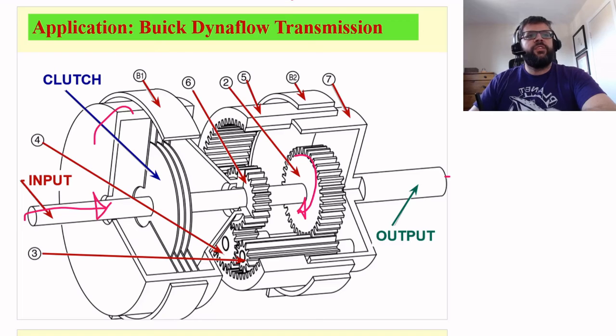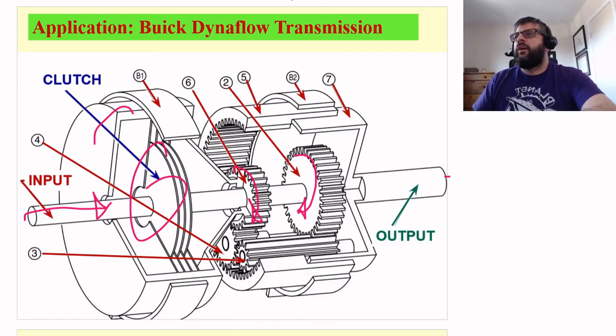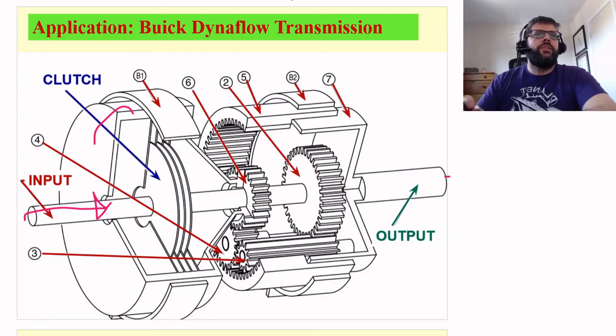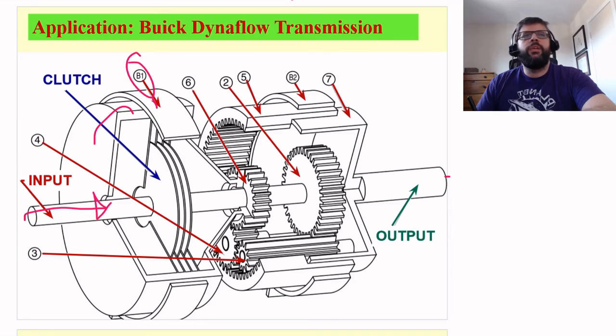The input shaft also has a clutch that can be engaged. If that clutch is engaged, then this Sun Gear 6 also rotates at the same rotational speed as 2. Sun Gear 6, however, can also be stopped from rotating instead if this brake B1 is applied.